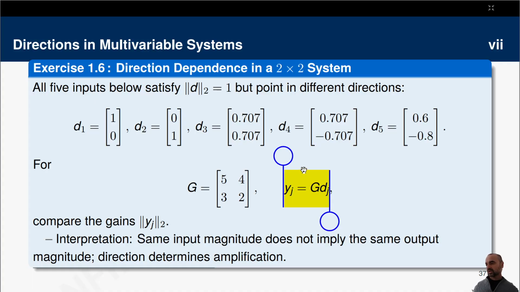And also let me add one more point here. When you look at D3 and D4, you can kind of see where it goes.